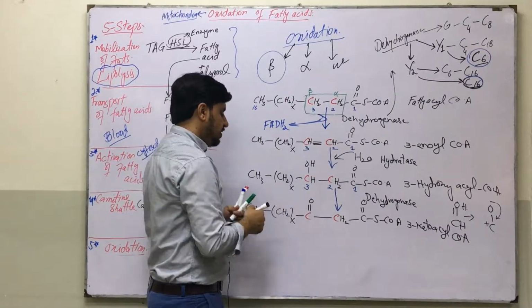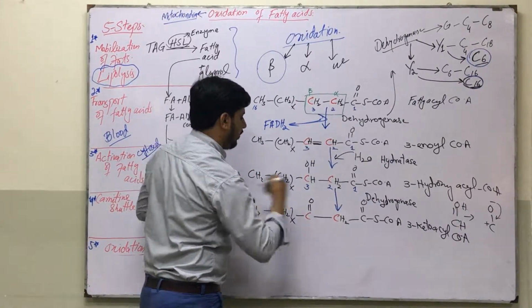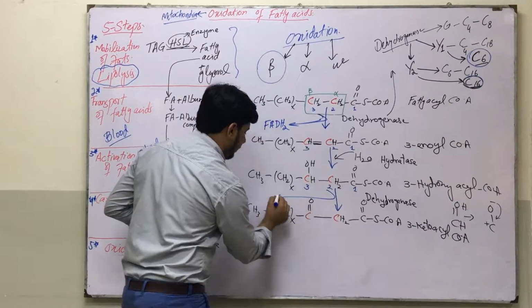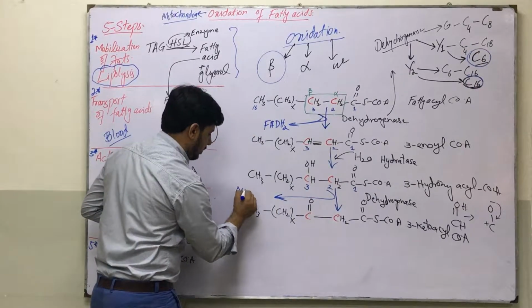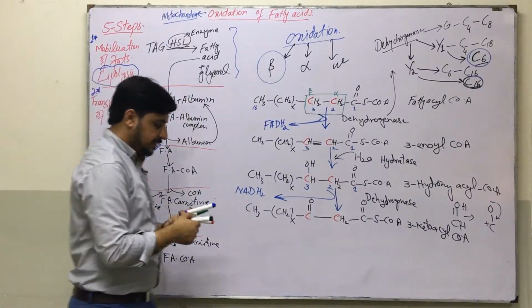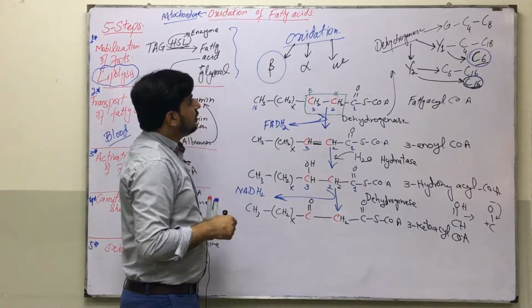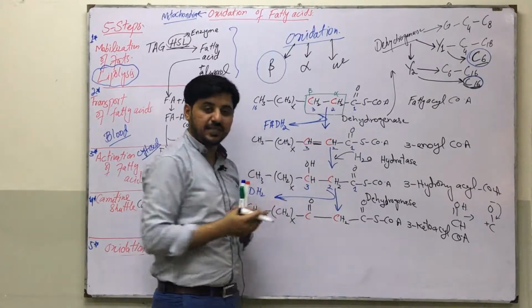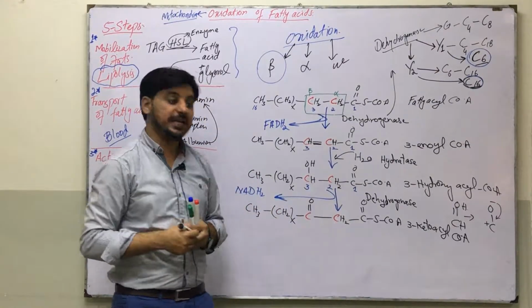And again, since dehydrogenase is involved, there will be the formation of one molecule of NADH2. After that, the last step of the beta oxidation, that is the cleavage with the help of enzyme thiolase.